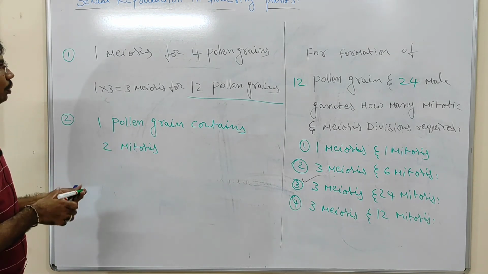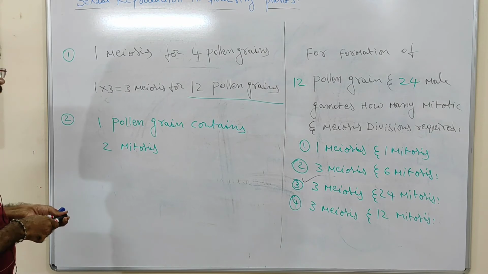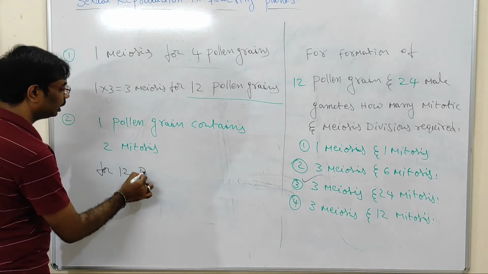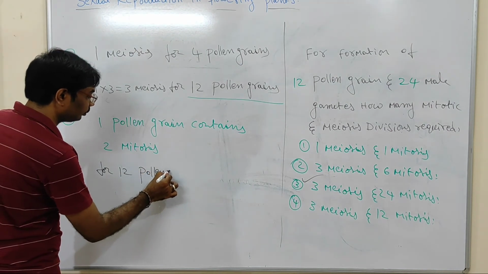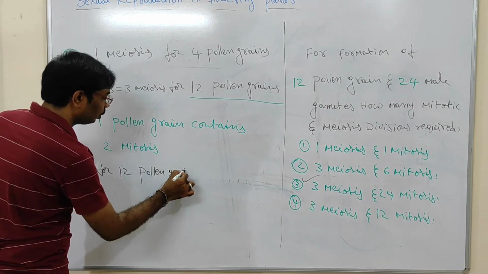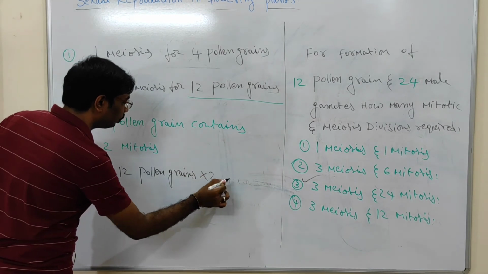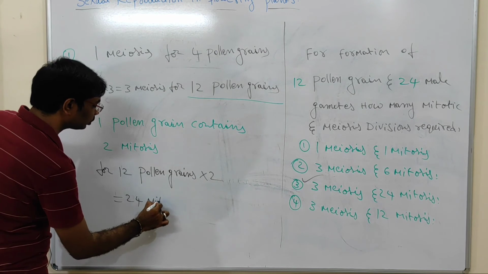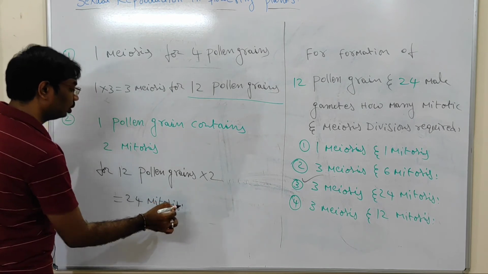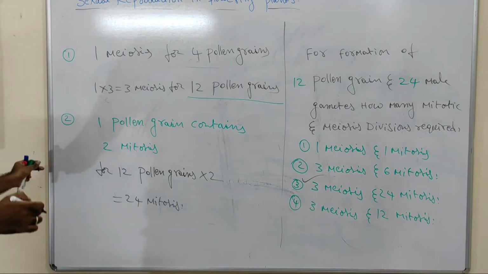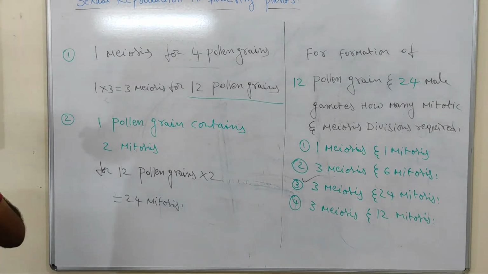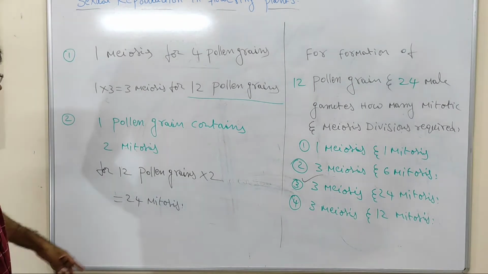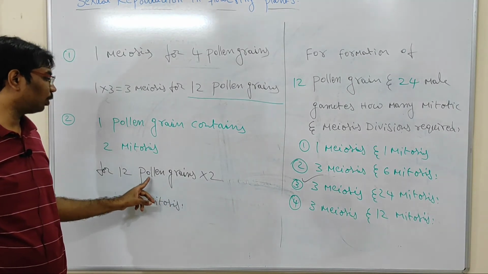So how many pollen grains are present? 12 pollen grains. For 12 pollen grains, how many mitoses are required? 12 pollen grains into 2, so 24 mitoses.